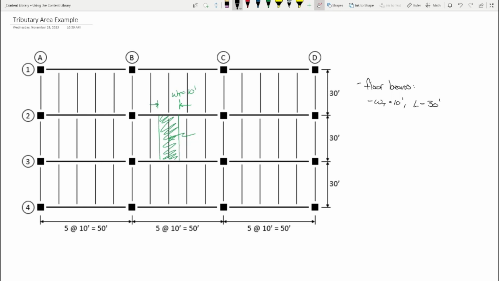Now, please do not make fun of the artwork that I'm about to do, but I'm going to do my best because I want to make sure that you all are seeing this three-dimensionally. Okay, so what's going on is I've got a slab that looks something like this, okay, and I've got a series of I-beams that are doing this whole thing.